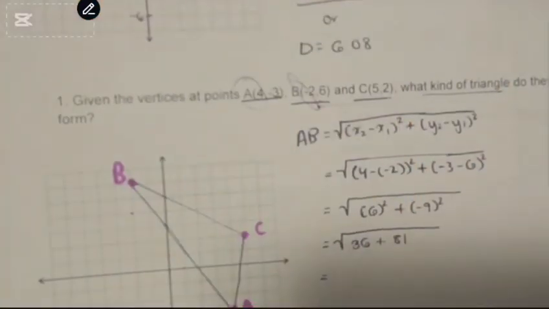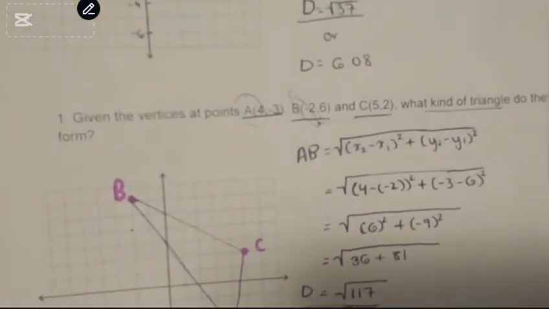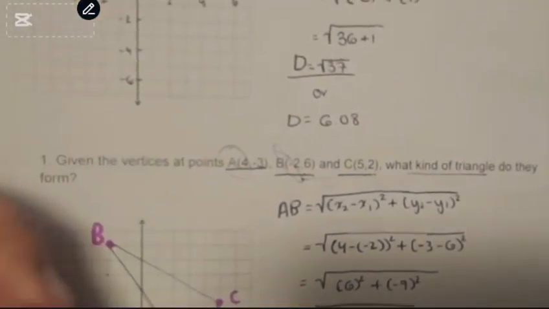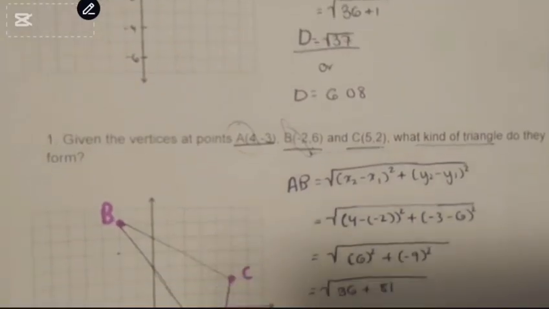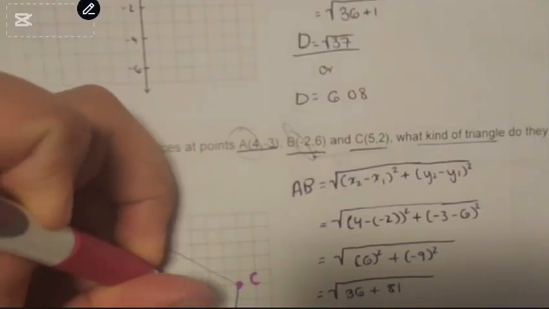So we get 36 plus 81, which is equal to 117, so we get root 117. We're just going to keep it like that because we want everything to be rounded to a good point. So now we know the distance between A and B, and we can put it into a graph to make it easier for later.